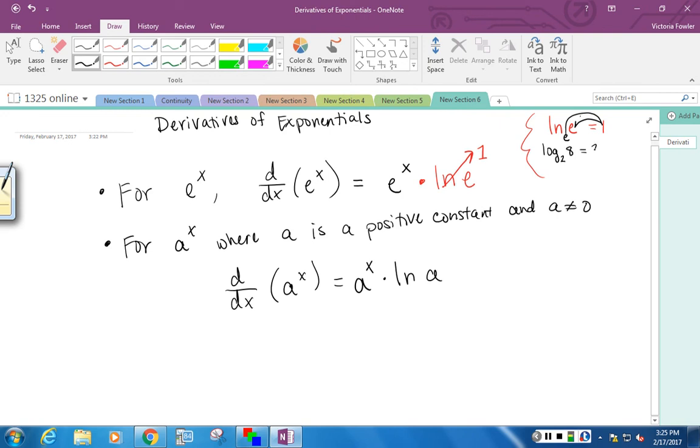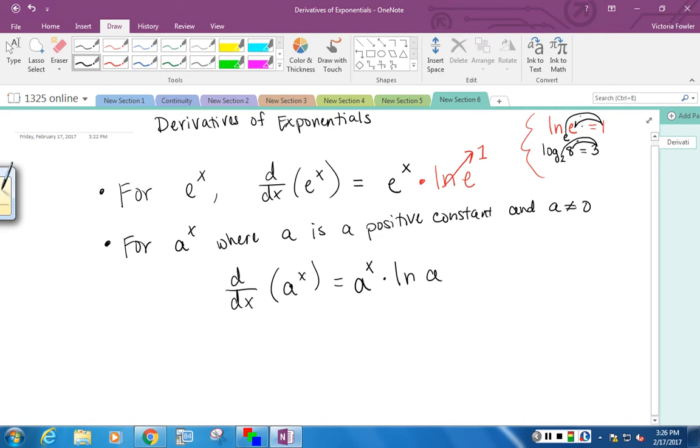You should be able to tell me the answer to that is 3. That's because 2 to the third gives you 8. Okay, so there's that relationship. Your inverse is actually logs and exponentials. I've got that 2 to the third gives me 8. So e to the first is e. So natural log of e is 1. That's why we don't have to write that here.